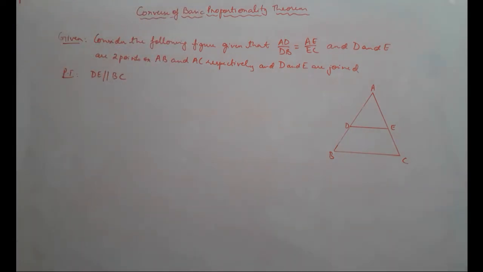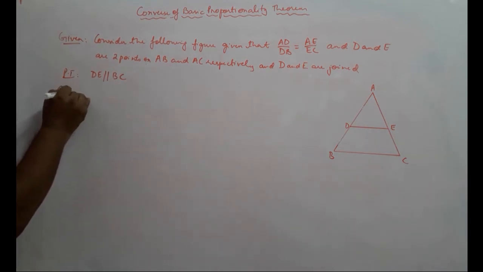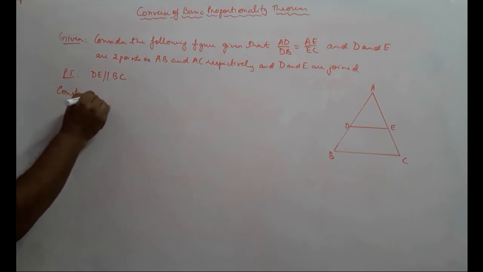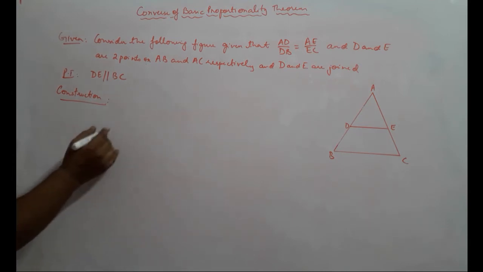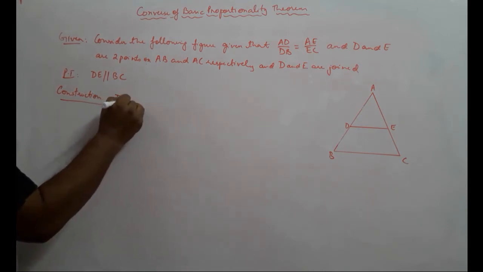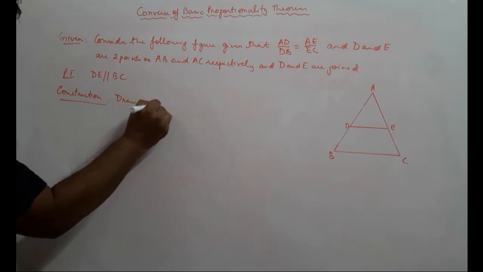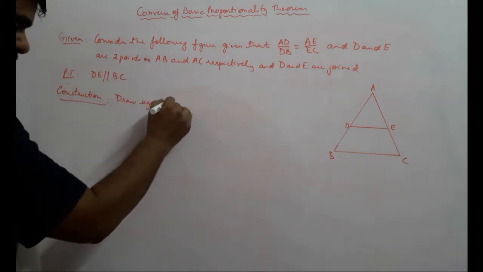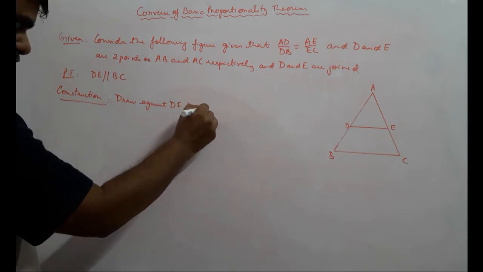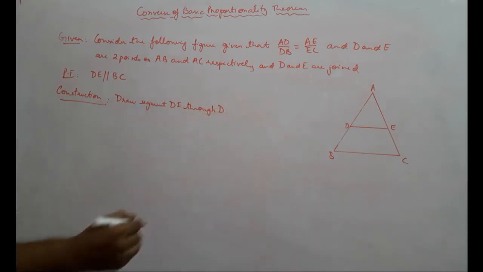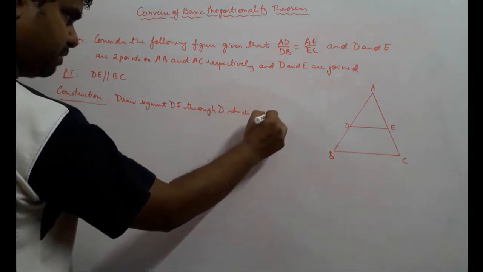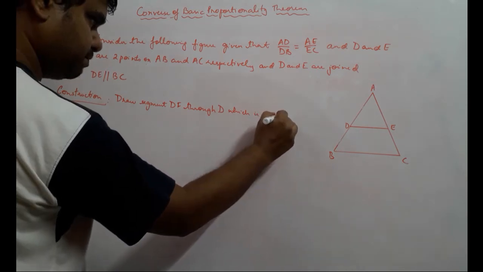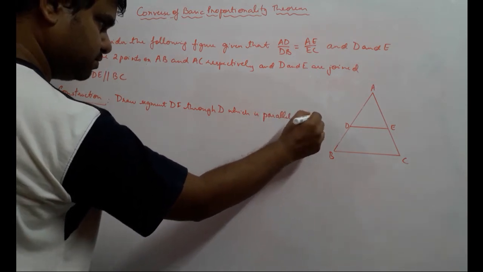So let's begin solving this. We'll do a small construction over here. Construction: draw segment DF through D, which is parallel to BC.